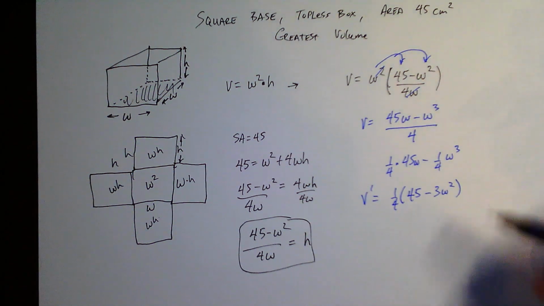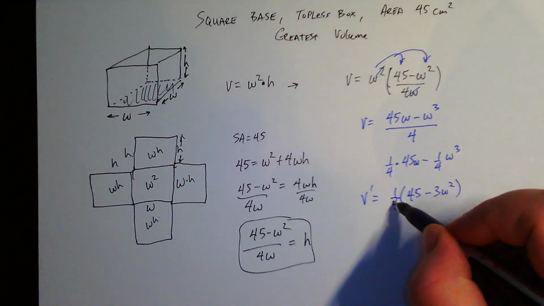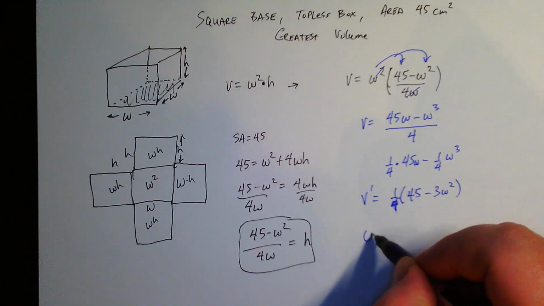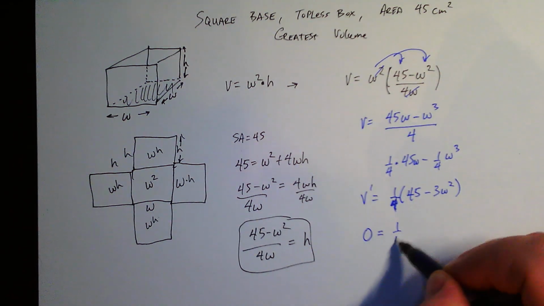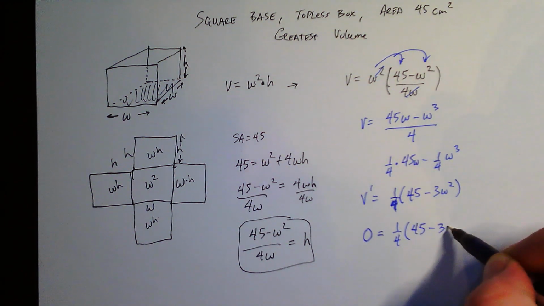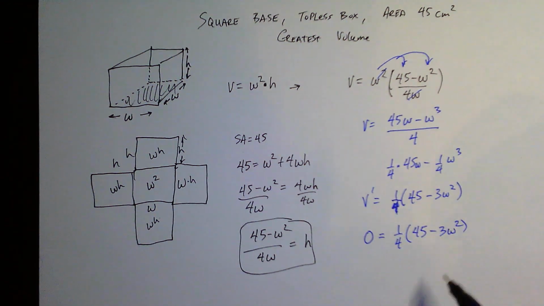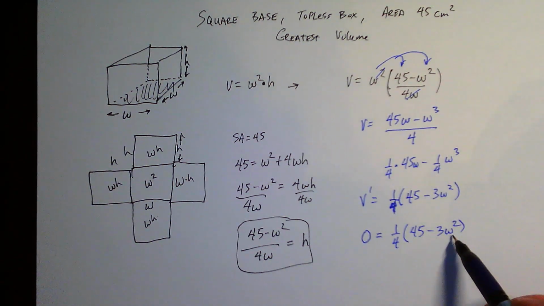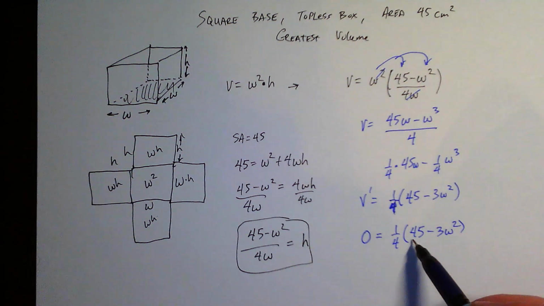It doesn't really matter. Don't get too hung up on this fraction, because it doesn't even matter at all. Because when you set this equal to 0, what you have is 0 equal to the product of two numbers. This thing in the parentheses is just a number. It's a binomial, right? Whatever W is, you square it, multiply by 3, subtract it from 45.